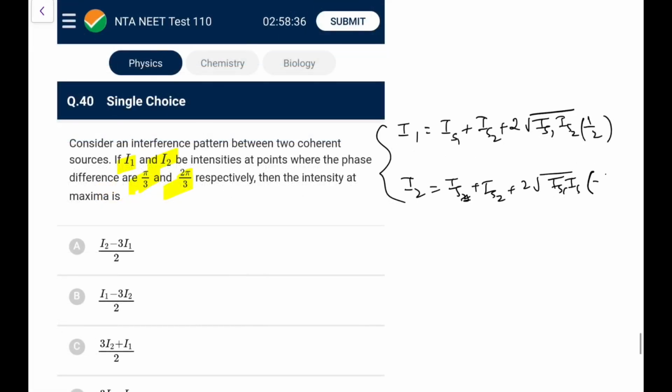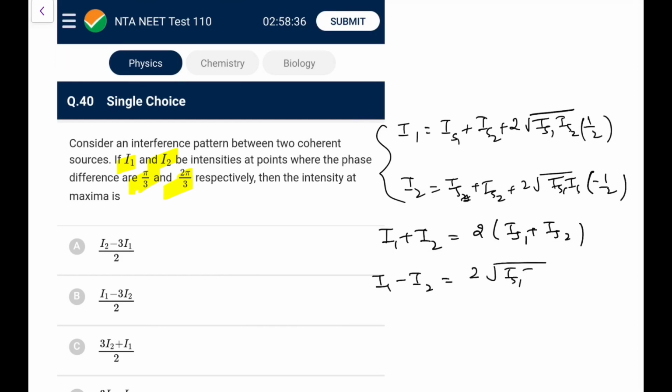So cos of 2 pi by 3, that is minus half. So now if I add them, I1 plus I2, I will get twice of IS1 plus IS2. That is the first thing that I'll get. And if I subtract them, I1 minus I2 would be equal to twice root IS1 IS2.